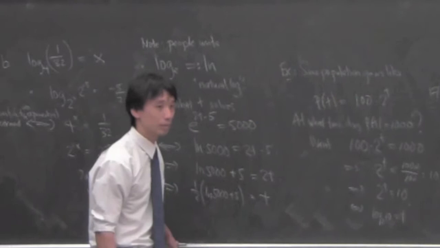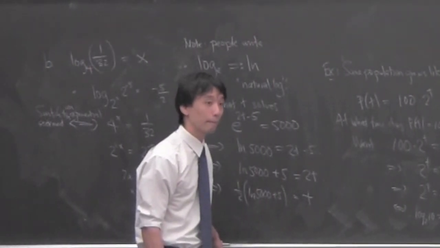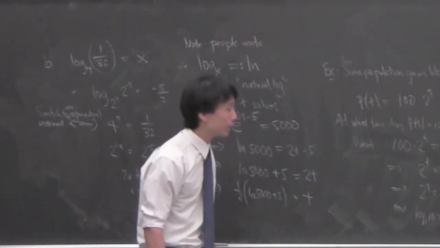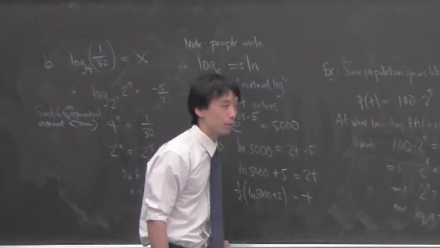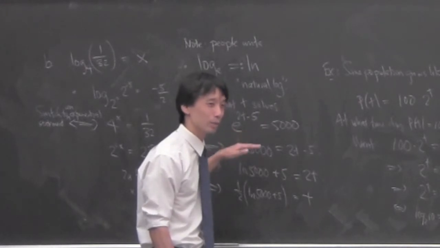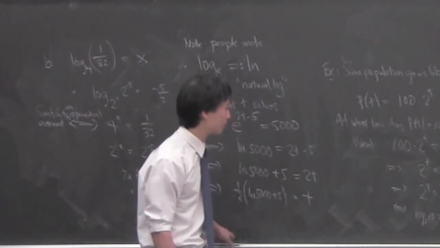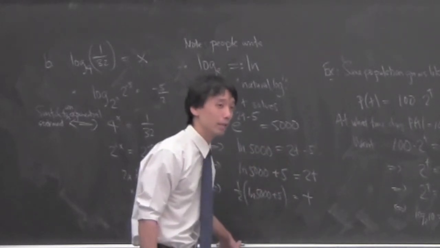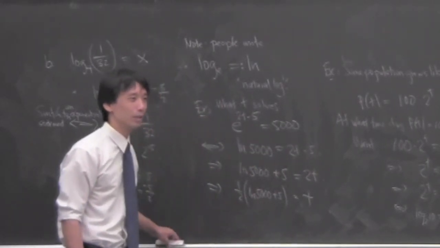Are there certain graphs, when you look at a graph and have to figure out if it's a natural log or log? Really, the natural log and log base something else are actually related to each other. They're just multiples of each other. So if you can do it in one, you can always switch it to the other. We'll get to that in the next section.